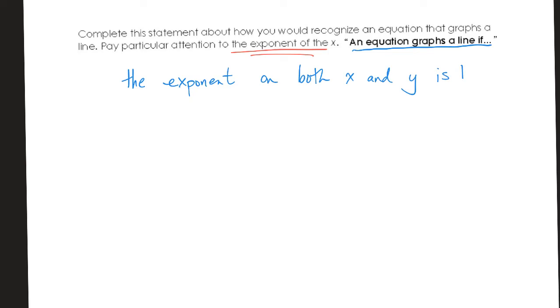I think that's a pretty decent statement. And if we have that, then I think we're doing pretty good. My guess is I would have had a bunch of people that simply would have written when the exponent on x is 1. And I want us to see, and we will coming up, that the statement about the exponent on both x and y is a little more complete.